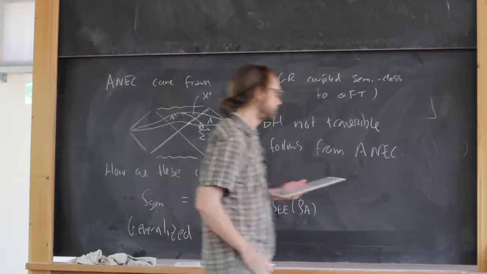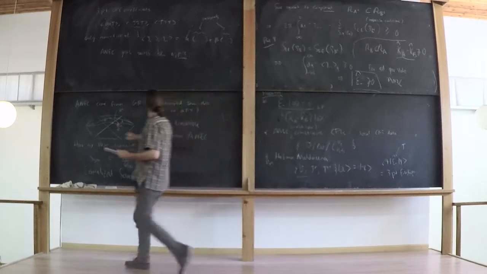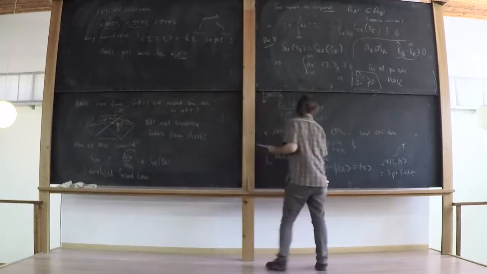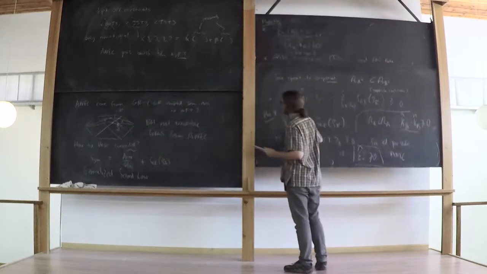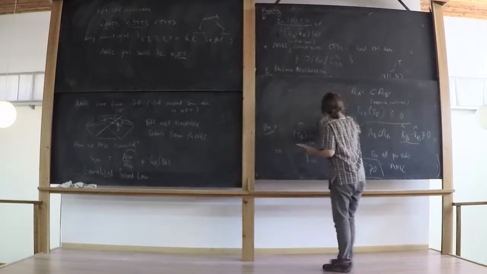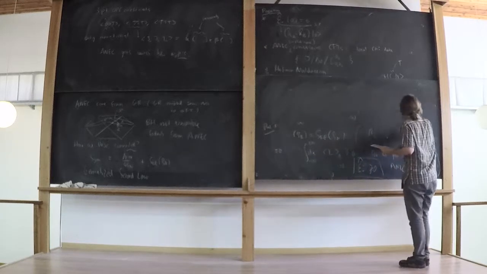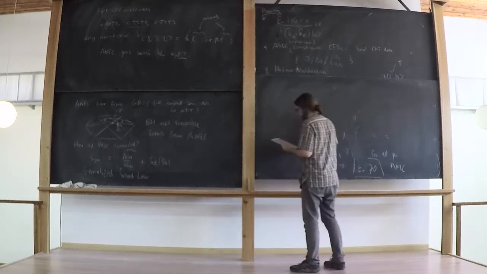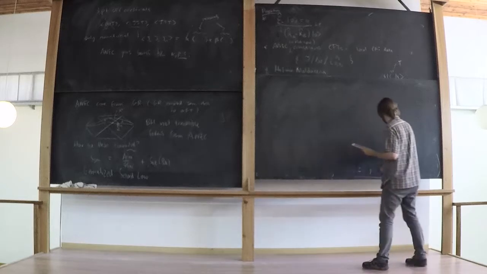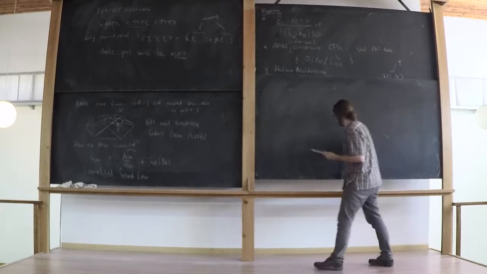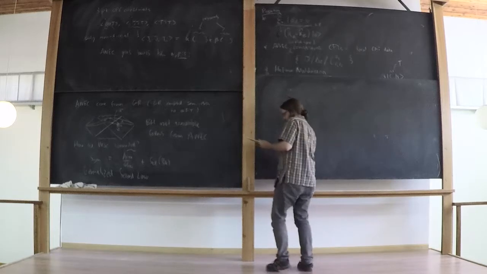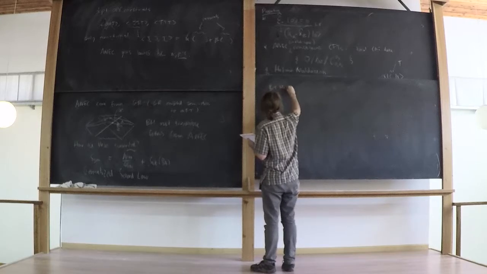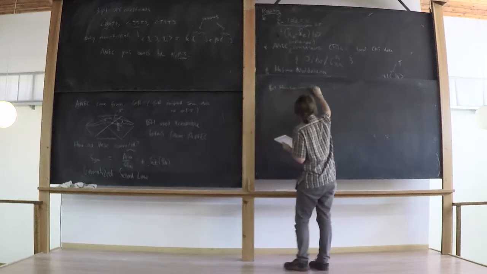Okay. So this picture is familiar, right? Let's just model the black hole horizon as Rindler space. Locally, close to the horizon, the black hole horizon looks like the Rindler horizon.